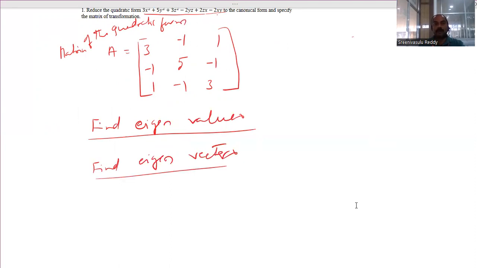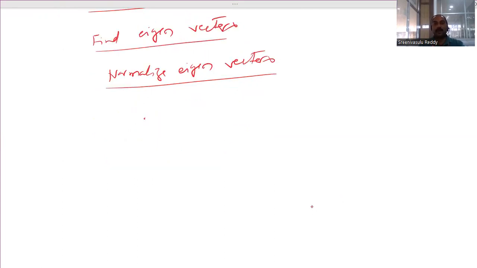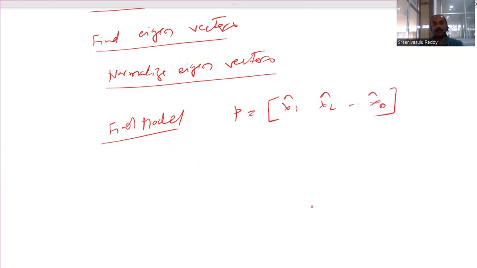Then normalize the eigenvectors. Normalize means you find unit vectors. Then take P, the modal vector. P is nothing but x1 cap, x2 cap, and so on, if n eigenvectors are there.